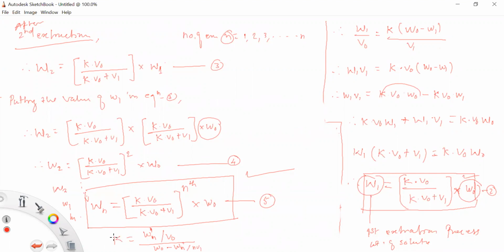So this is the distribution law for the nth order.